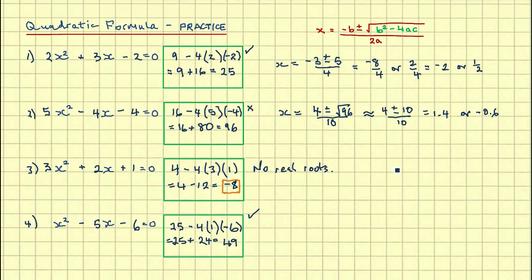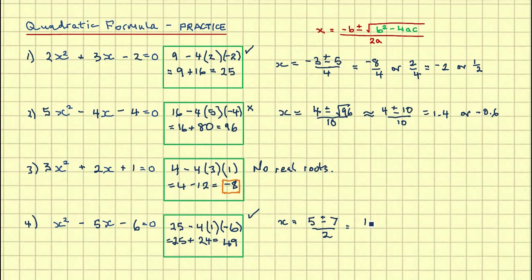So that's the trickiest one in this video. Let's finally move to problem 4. So problem 4, x equals minus b, so b is minus 5, so minus b is going to be positive 5, and then our plus or minus the square root of 49, well, square root of 49 is 7, divided by 2a, and a is just 1, so divided by 2.